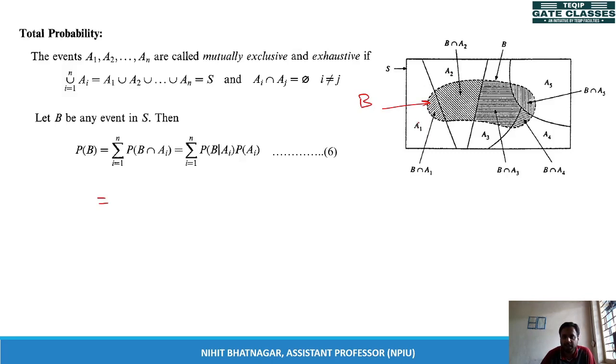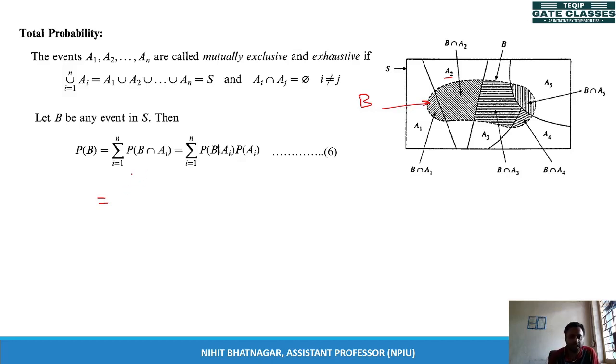In event A1, B shares some portion. As in event A2, B shares some portion of A2. It means that there is something common between the event B and all events.